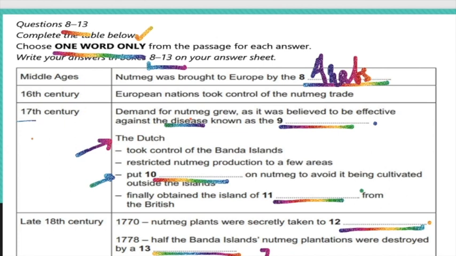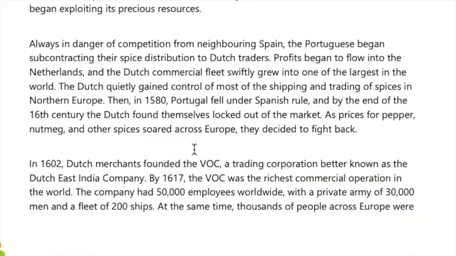Okay, 17th century, and we have to look at the disease. It was believed to be effective against the disease known as. So it was helpful in curing that disease. Please remember that the 17th century is 1600s to 1699.